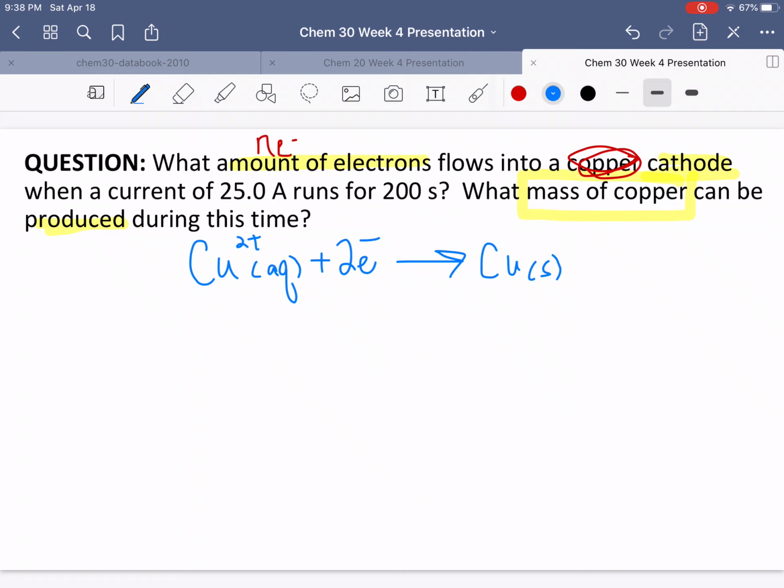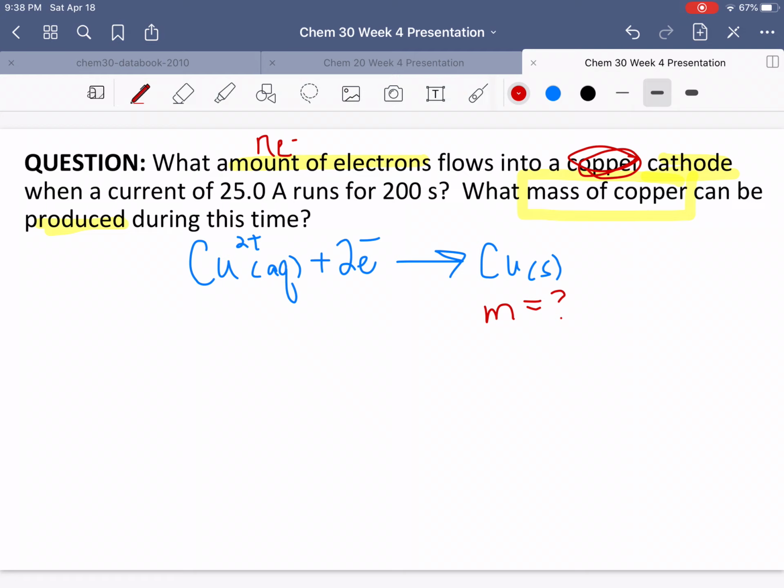Alrighty, now here's where things are a little bit different. All this has done is given us a balanced chemical half reaction, which, as we know for stoichiometry, is absolutely step one. But how do we actually go through it now? The whole goal of the question is eventually to get to a mass of copper solid.